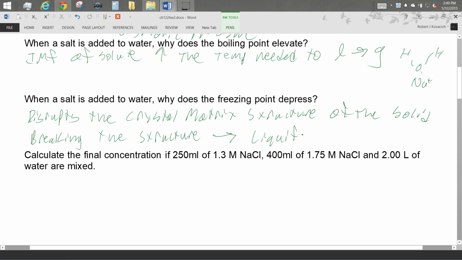If you disrupt the crystal matrix structure, you have a liquid. A liquid is a bunch of molecules that don't have a crystal matrix structure. That's the difference. So if there isn't a crystal matrix structure, you automatically have a liquid.